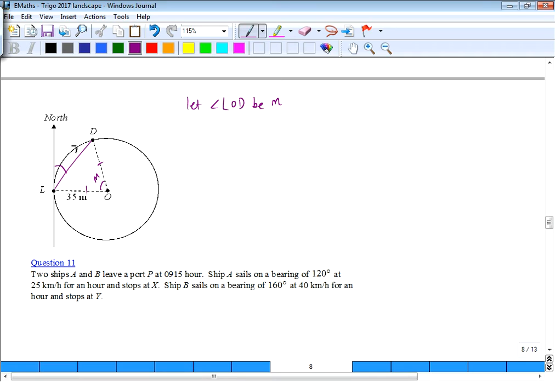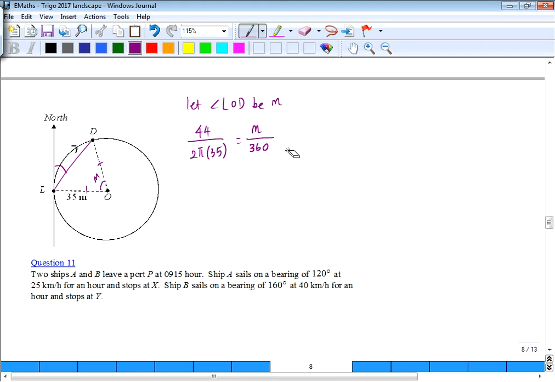The bearing of D from L. After it traveled 44 meters along the circumference of the circle. So that tells us how we can find the value of M. Okay, so 44 over 2 pi times 35. 44 over the circumference will be M degrees over 360 degrees.